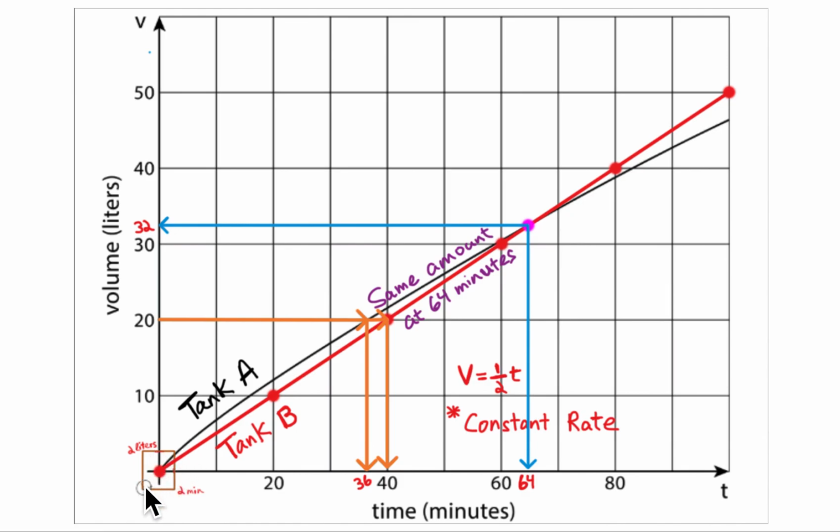If you look at this 2 minutes, you think that tank A is always going to be way ahead of tank B. Well, there's no way that's going to catch up. It's always going to be a lot more in tank A than tank B. But because it's slowing down, eventually tank B will catch up because that's filling at a constant rate, whereas tank A is slowing down. All right, that's activity 3.